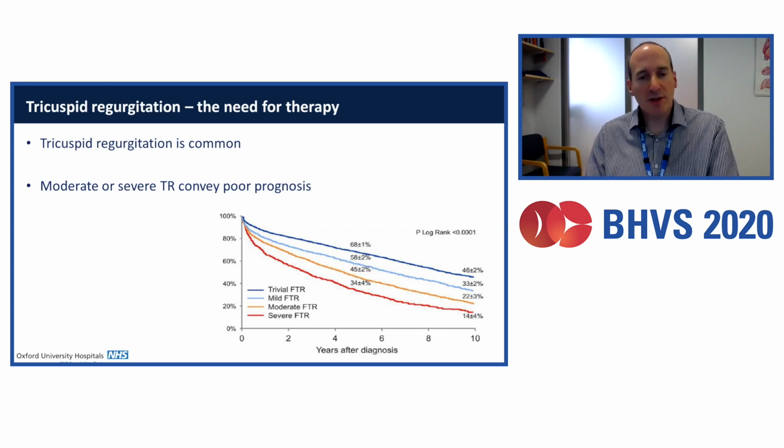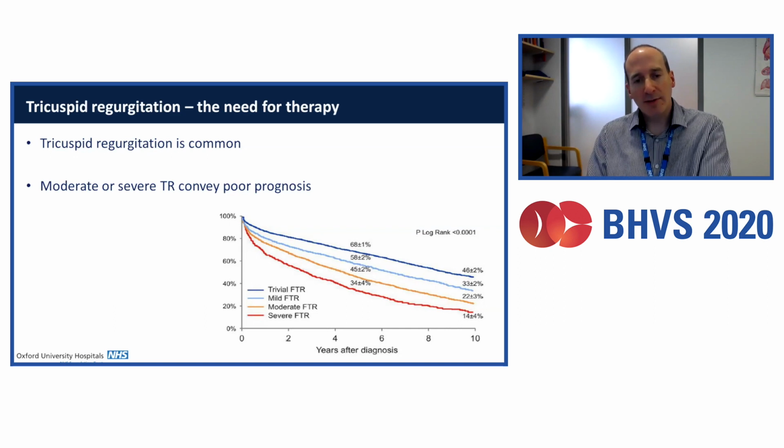And we know that severe TR can cause a lot of symptoms, a lot of morbidity, and as you can see here, mortality. So we are likely to be seeing a lot of these patients come back to us with symptomatic severe tricuspid regurgitation, and there's of course a whole raft of interventions and procedures being devised and developed, which we'll hear about later on.